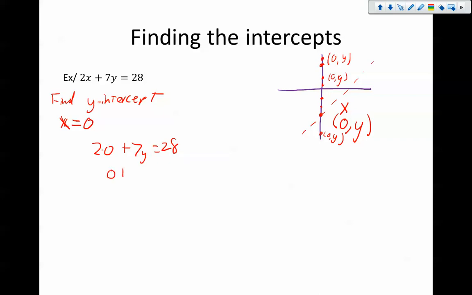So this is 0 plus 7y equals 28, or 7y equals 28, which I divide both sides by 7. And I'm doing the solving pretty fast because we've done a lot of solving at this point. And so y equals 4. So here, there is a point, 0, 4, right? When x is 0, y is 4. So that's my y-intercept.